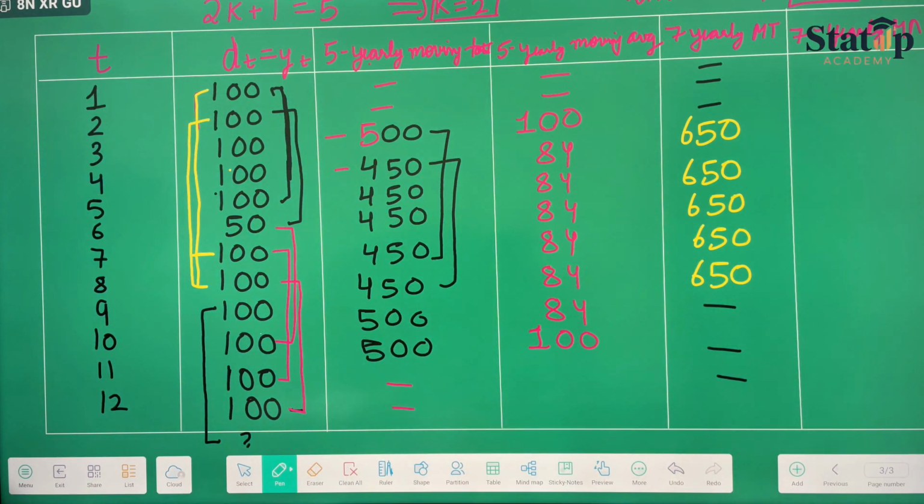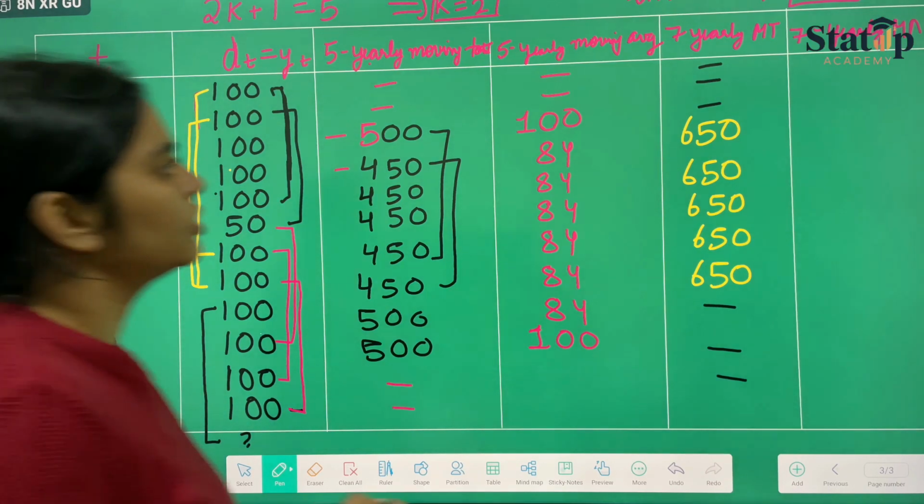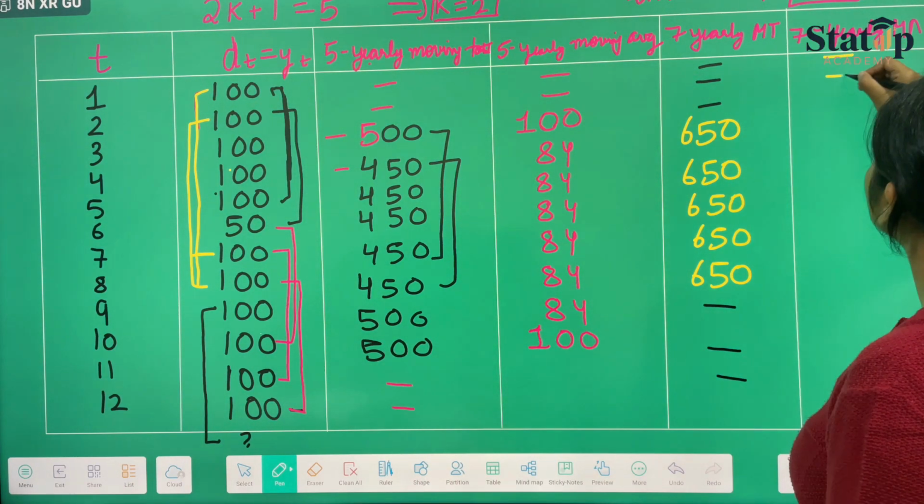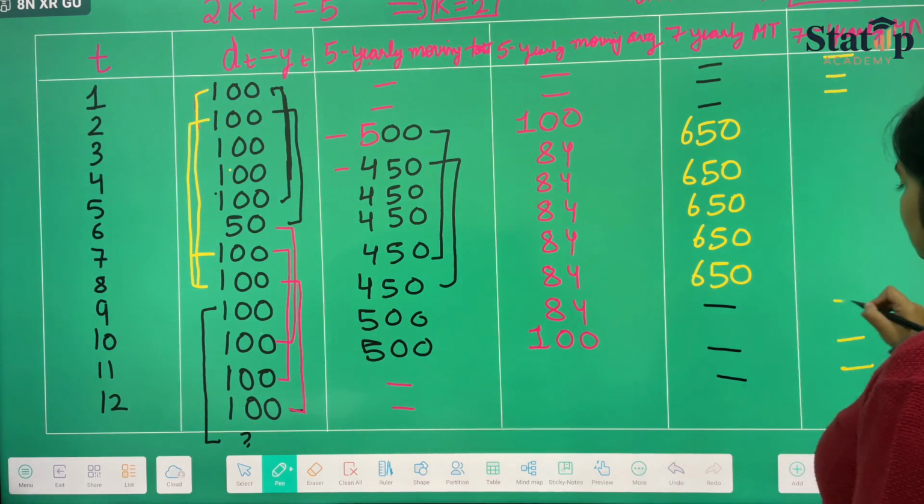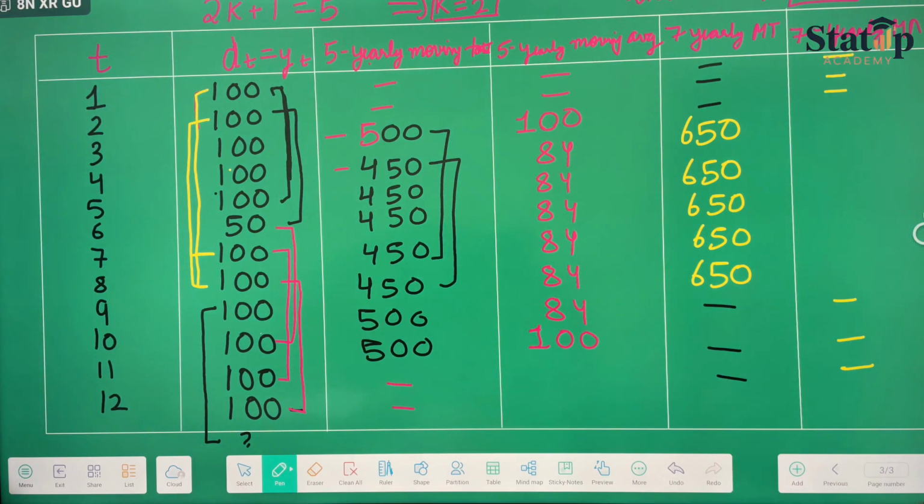Okay. So again we'll take the total for the 7 yearly moving average. The first three and last three are skipped, and we'll take the moving average of these.